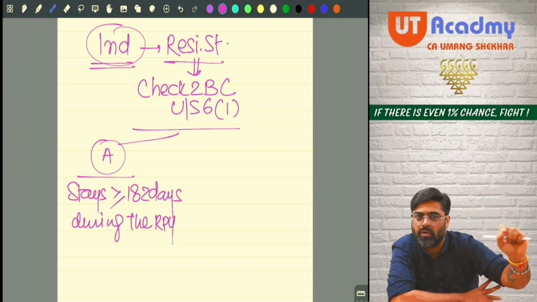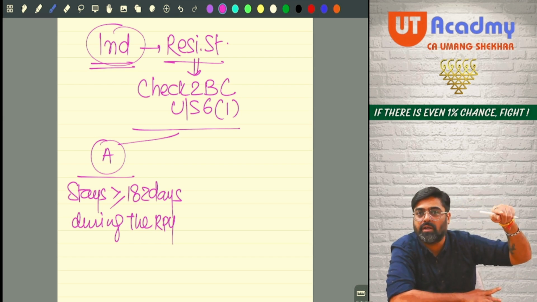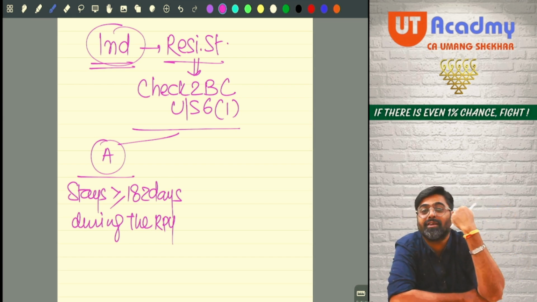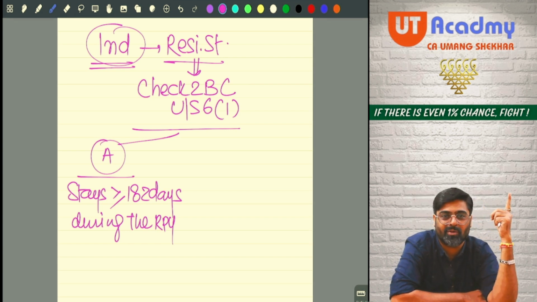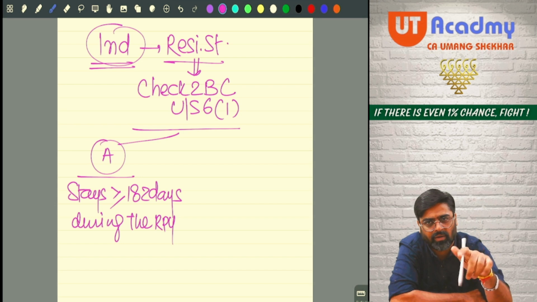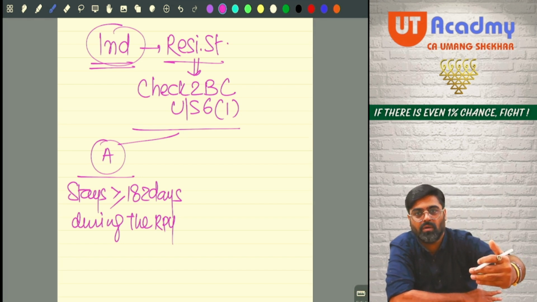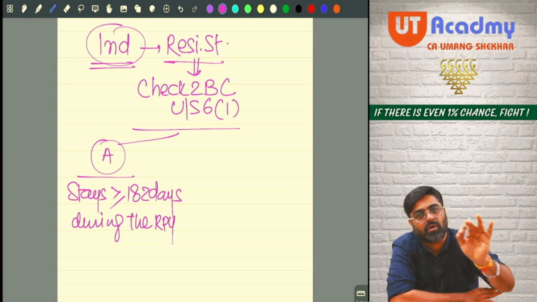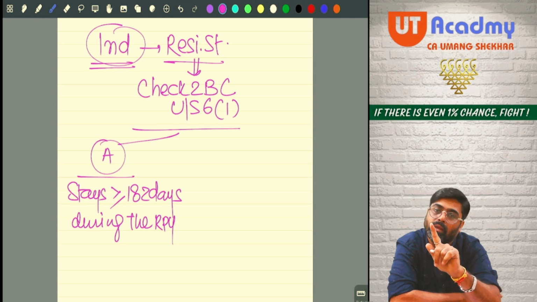Please write down your doubt somewhere, because if you're thinking about this doubt in between, you will have doubts in this one later on. So if some doubt is coming, write it down and be with me in the flow. Definitely, 100%, none of your doubts will remain with you.